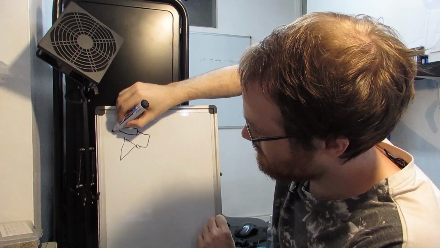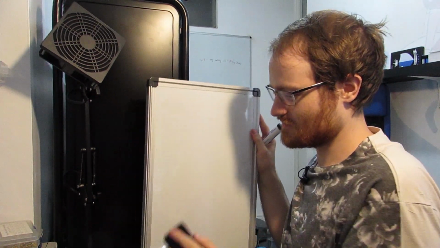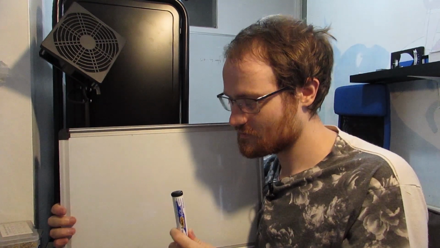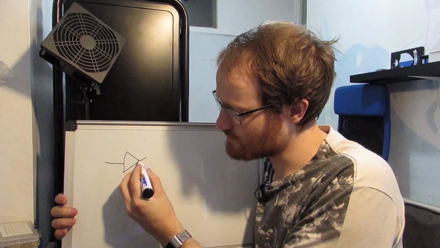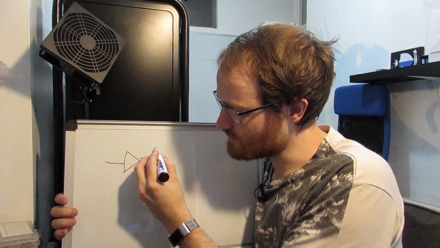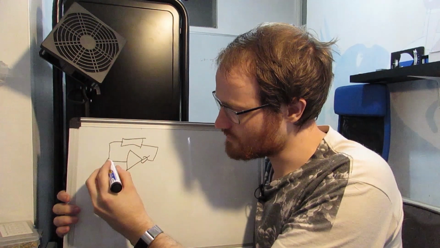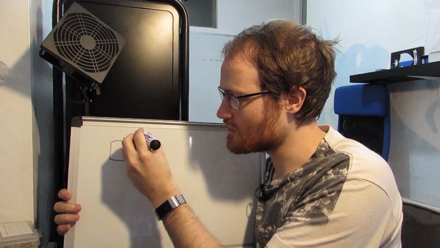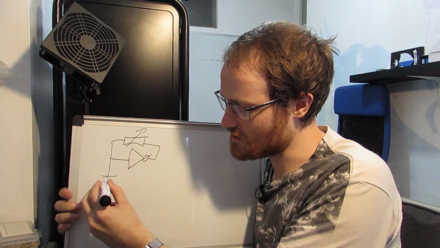Let me try and draw it a bit better. So here's our Schmitt trigger. This is our pitch control pot. Here's our capacitor going down to ground.